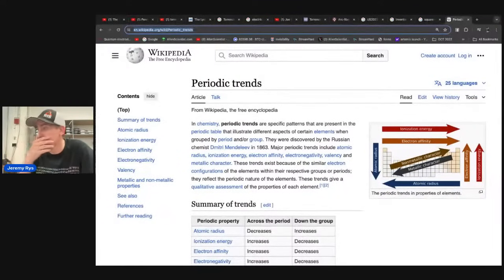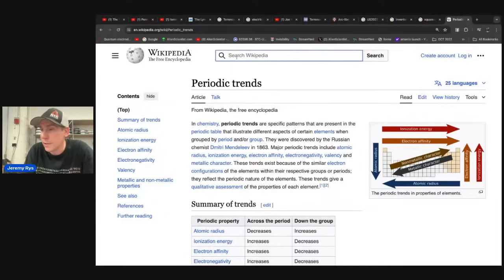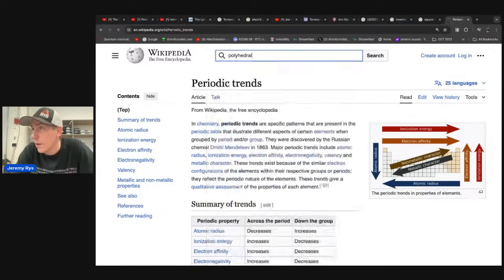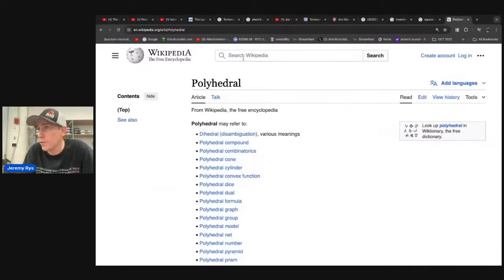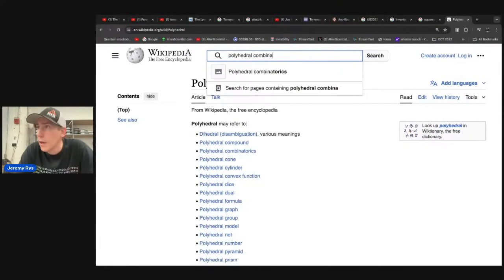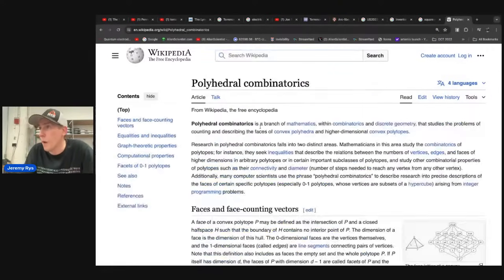It starts out nice and easy with these 8 octaves, and then it gets complicated really quick, because what you're dealing with is structures that are polyhedral, polyhedra, right? Polyhedra have certain ways of combining together.